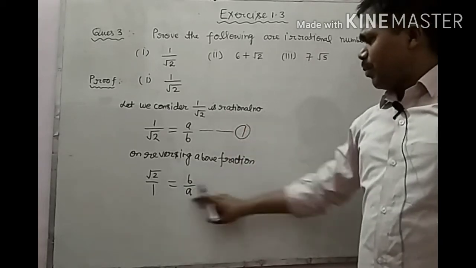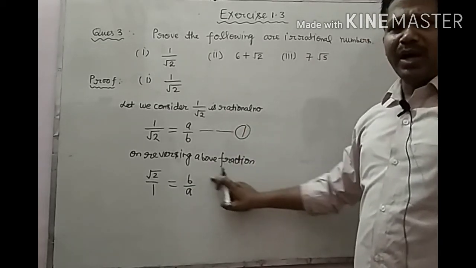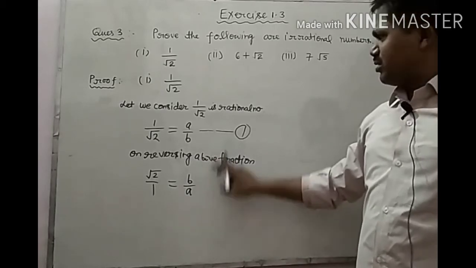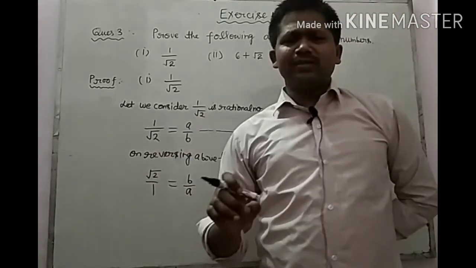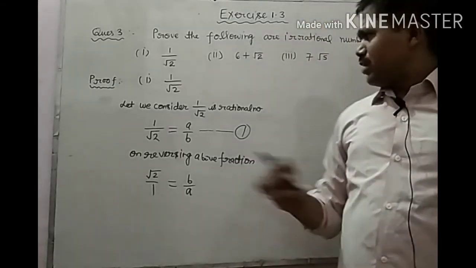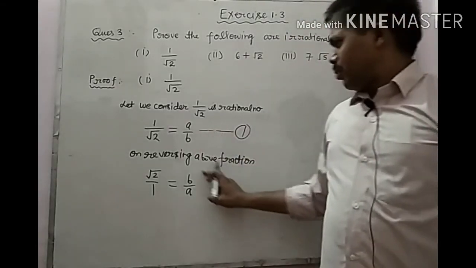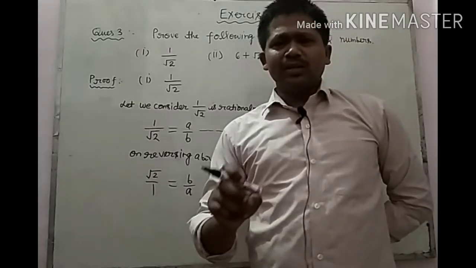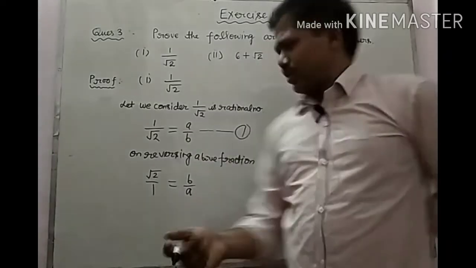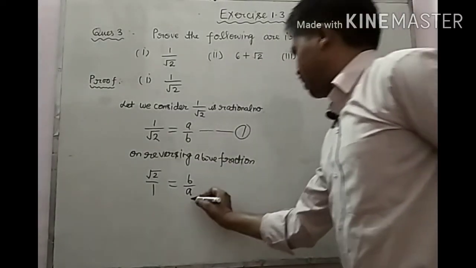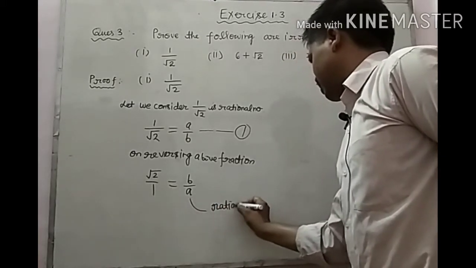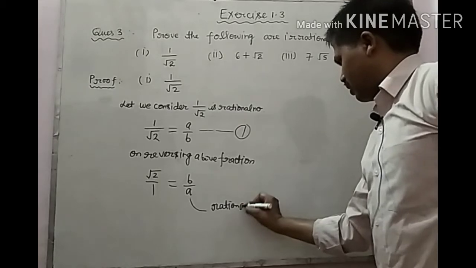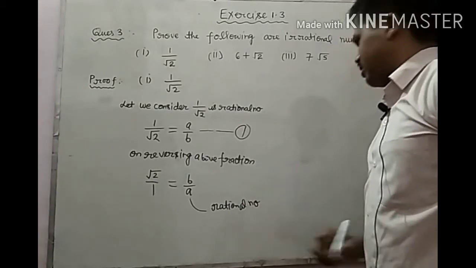So by the definition of the inverse of a rational number, b by a will be a rational number. So I am writing here b by a is a rational number.